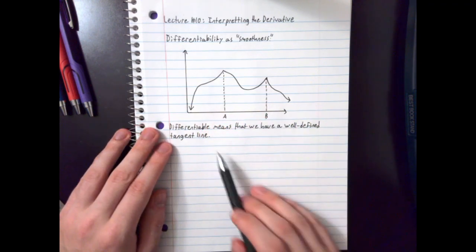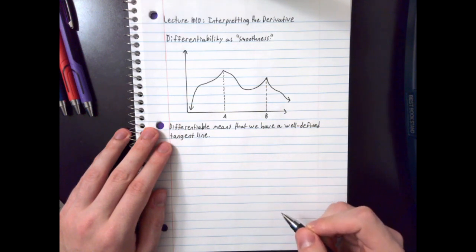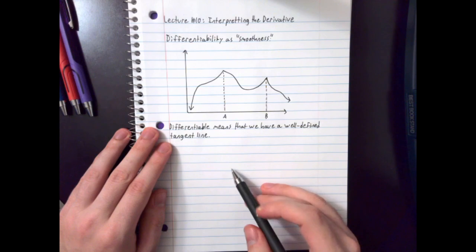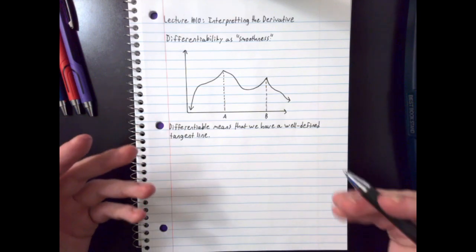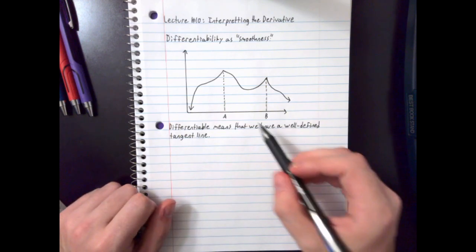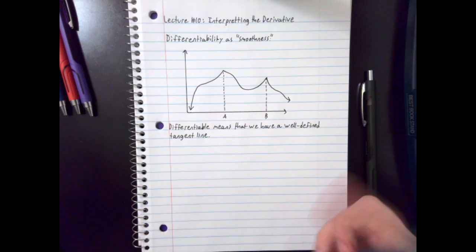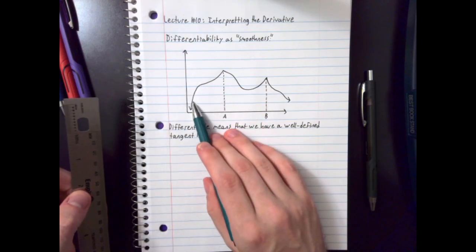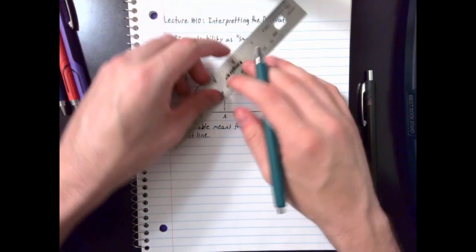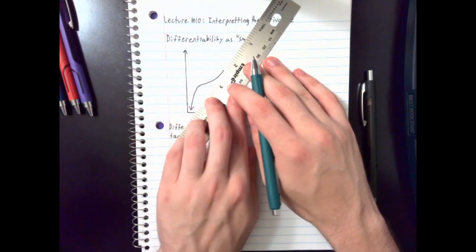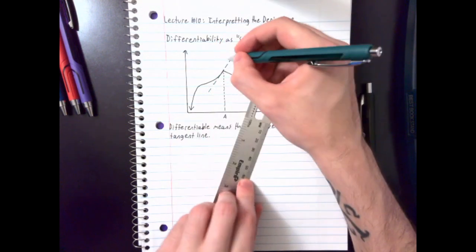We noted before that the derivative of a function represents the slope of the tangent line at that point. And so if a function is differentiable, I can construct a tangent line. That's what that means. Well, if I look at the graph right here, maybe at the point A, notice what happens. As I approach along the left, what does my tangent line look like? It looks like about the slope of this part on the left. So it looks like a line with this slope. So something like that.